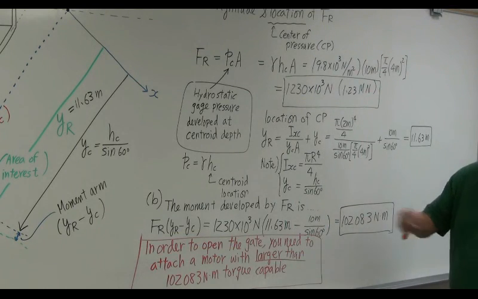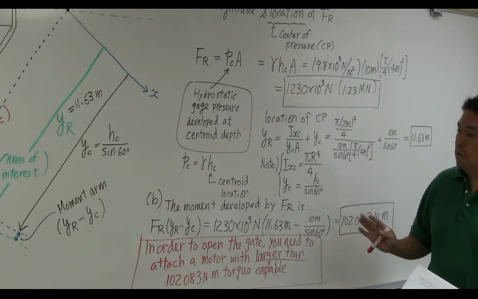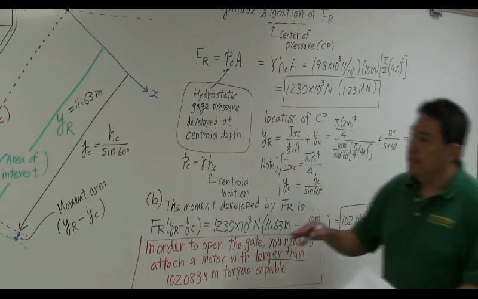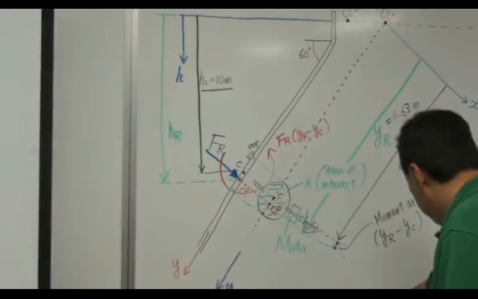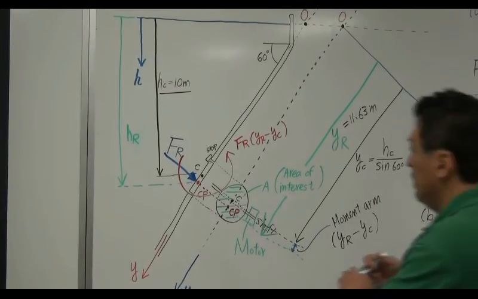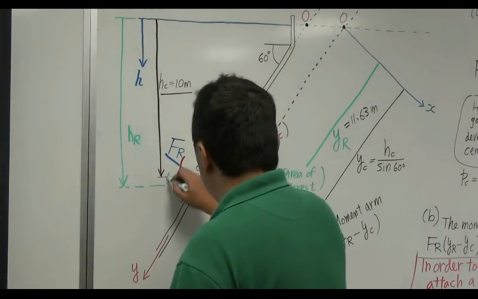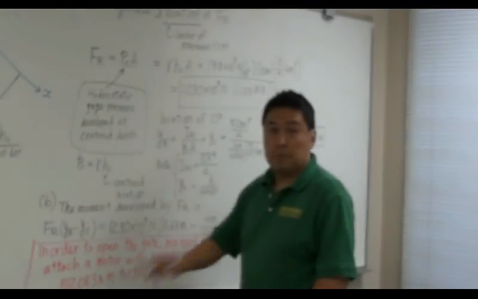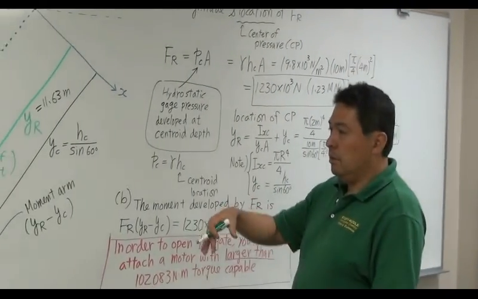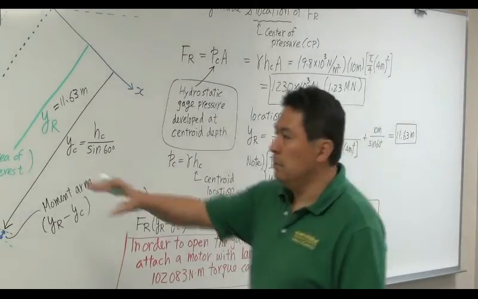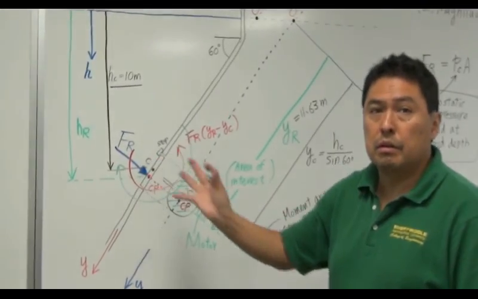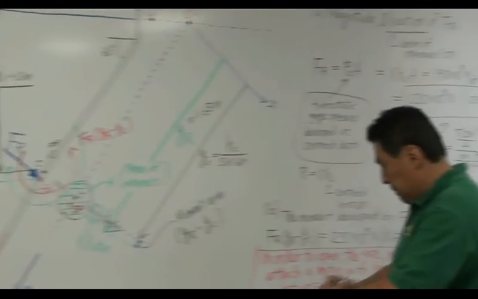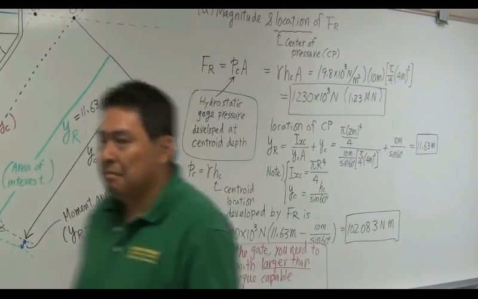So that your motor attached to the shaft is going to produce a torque in the clockwise direction, which is opposite to this moment developed by F1, and must be larger than this value. Then you can turn on the switch of the motor, then you can open the gate. Okay? Alright, that's it.